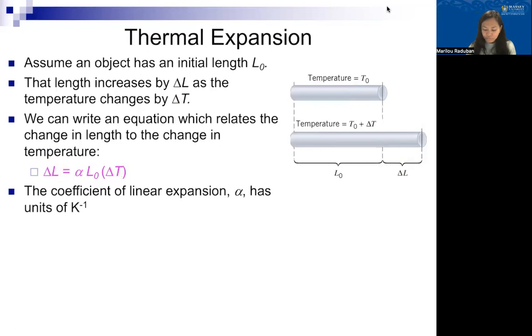We have here a constant, the Greek symbol alpha, which is called the coefficient of linear expansion. It's a property of the material that determines how well the material expands when its temperature increases.